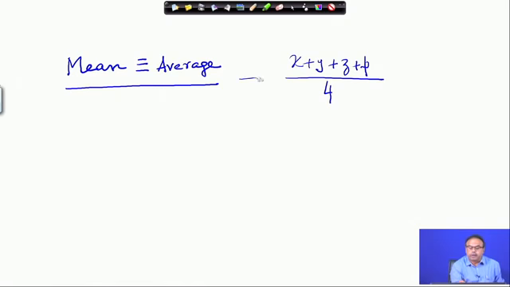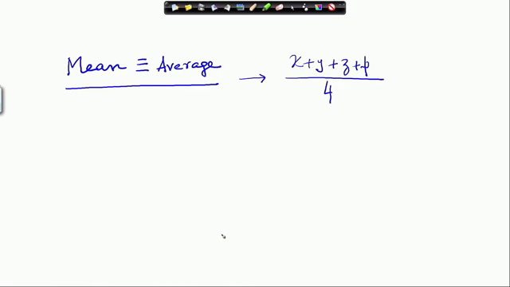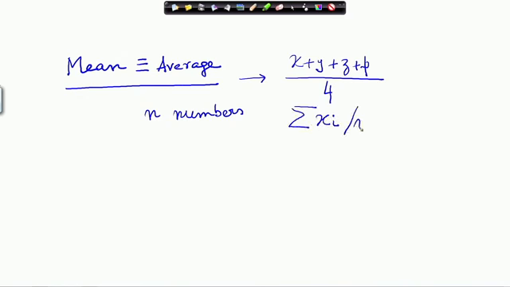That is how we find out the average, right. Now, also for n numbers, if there be n numbers, then we can write it as sigma xi by n. What does this mean?